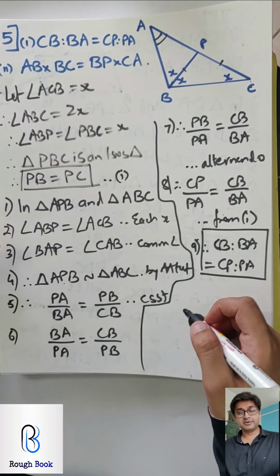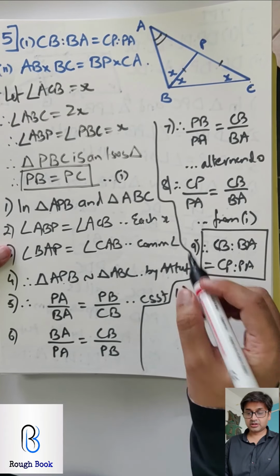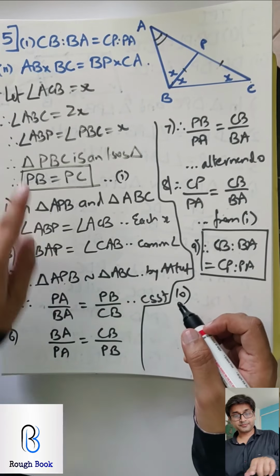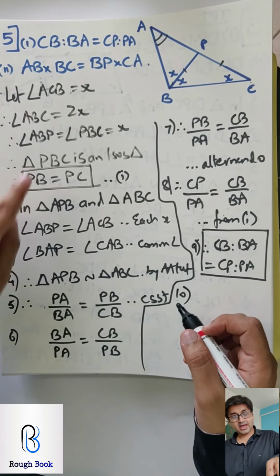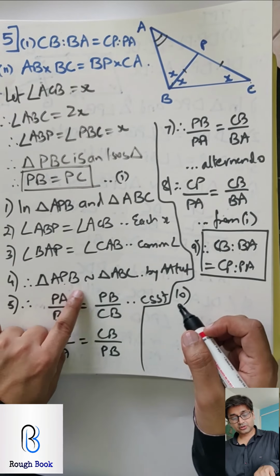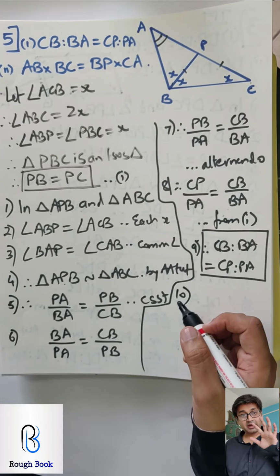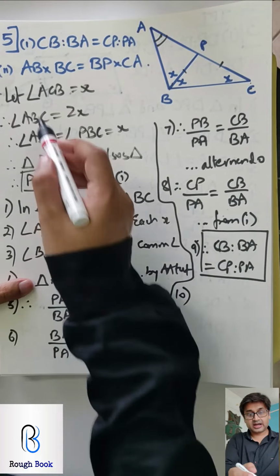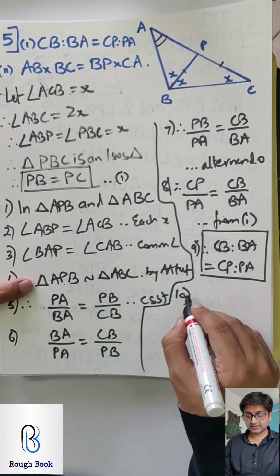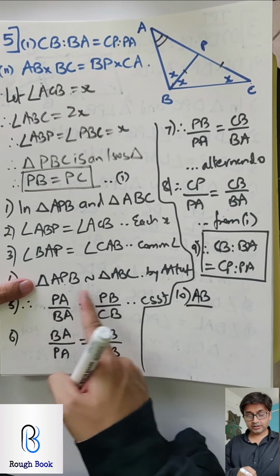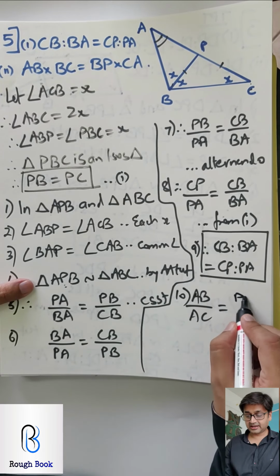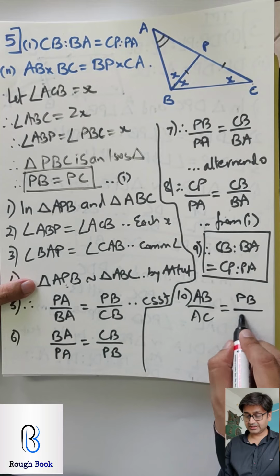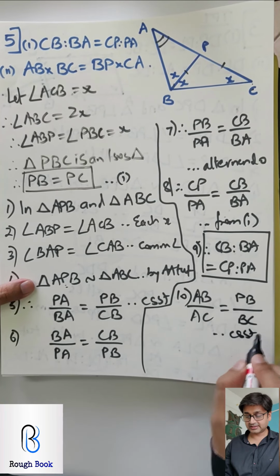Now second part, BABC. So look at this now. Taking the same two triangles, if I take BA, that is first last AC, and then BC BP. So BP BC. Automatically you'll get, don't worry, just start as it is, AB first and last upon AC first and last, BP second and third, BC second and third, again CSST.